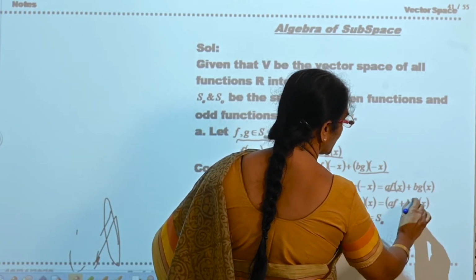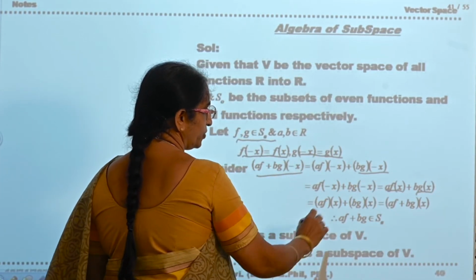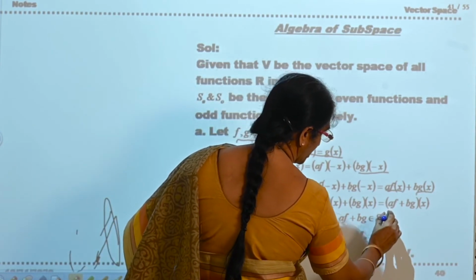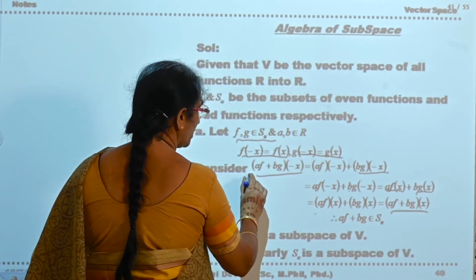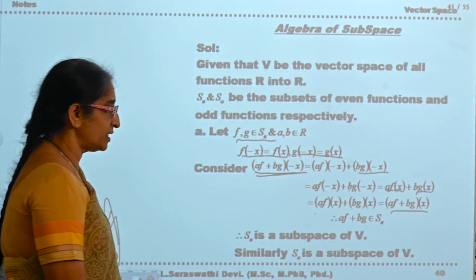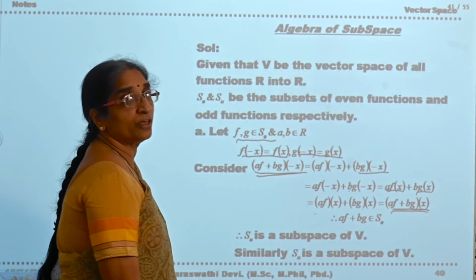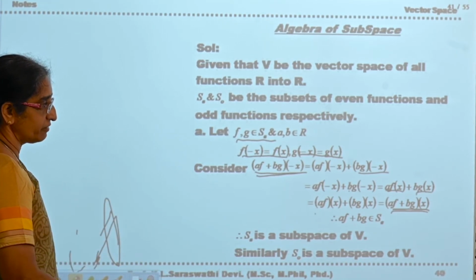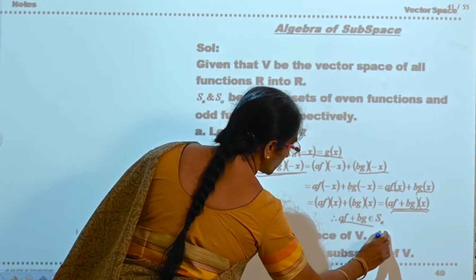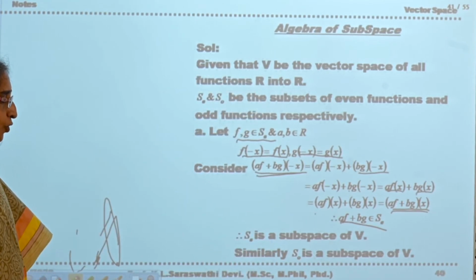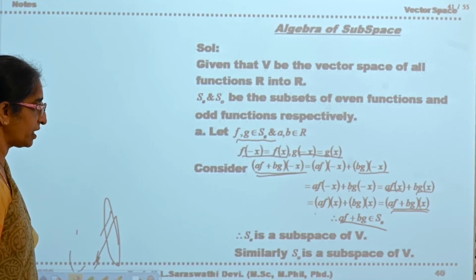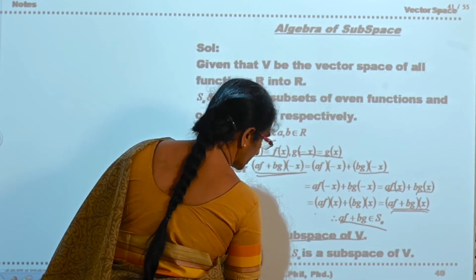So, a into f of x plus b into g of x, that you can arrange, and this is (af plus bg) of x. What you have considered, (af plus bg) of minus x, equals (af plus bg) of x. Therefore, af plus bg is an even function, therefore it belongs to S_E. Therefore, by the known necessary and sufficient condition, S_E is a subspace of V.